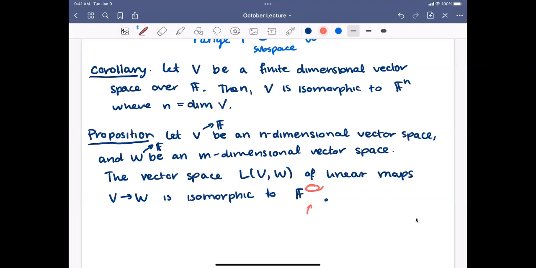Yeah, so this should be the dimension of L(V, W). So what is that in terms of the dimensions n and m? It's F to the m times n, which we can view as the space of m by n matrices, right?